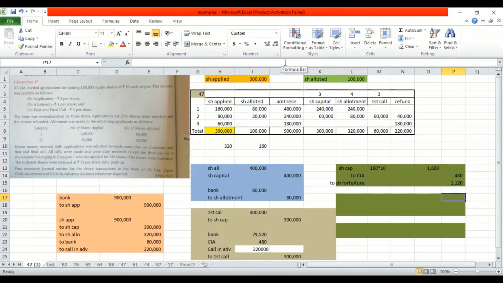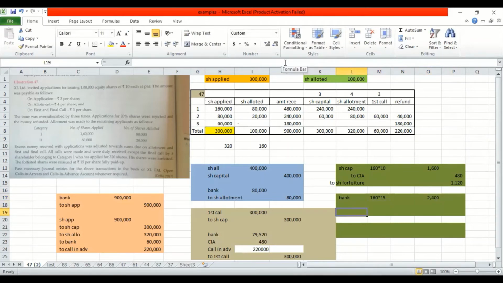Now after you cancelled, what they have done is they have reissued at 15 per share, assuming it is fully paid up. That means they have issued at what price? 160 into 15. This is the price at which they have issued.